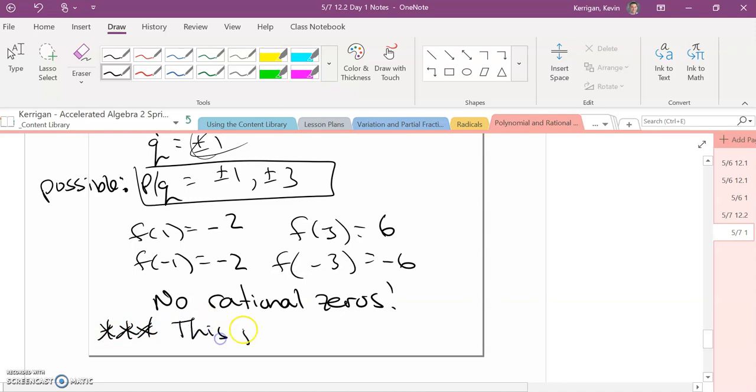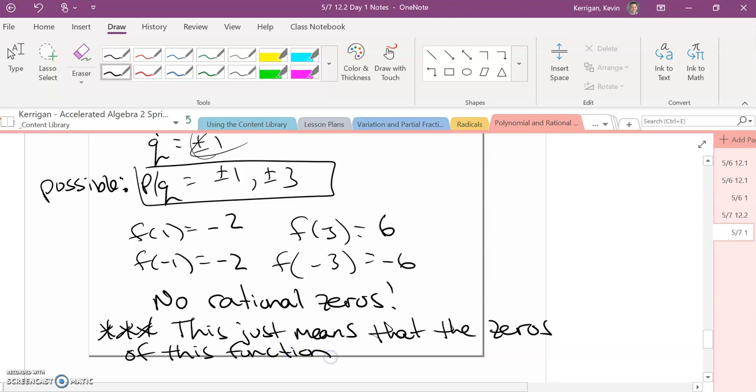This just means that the zeros of this function are either irrational or imaginary.